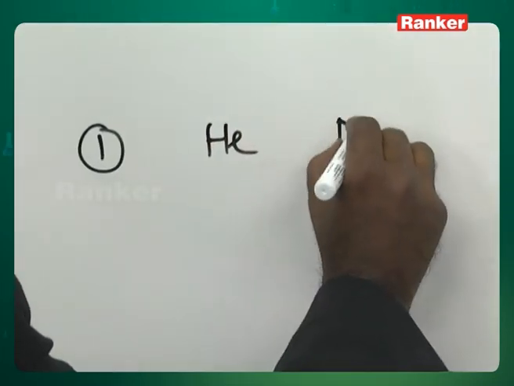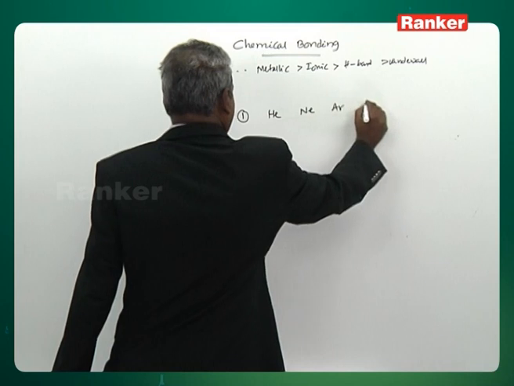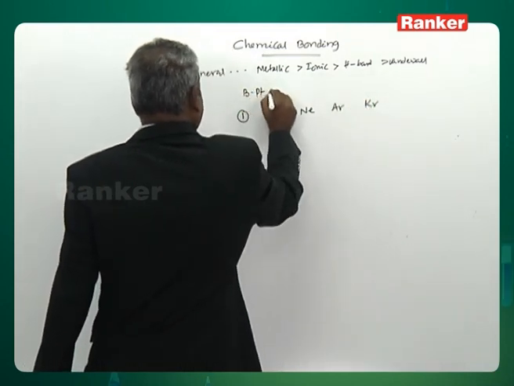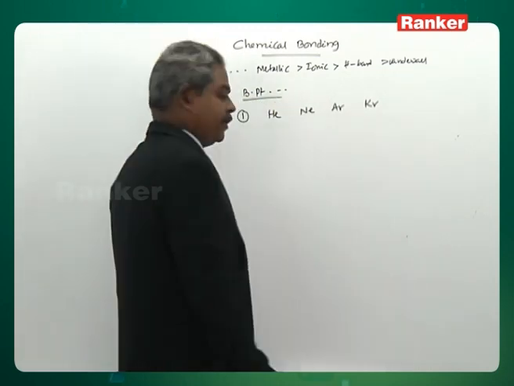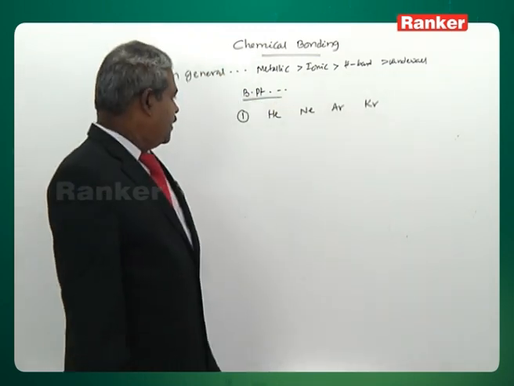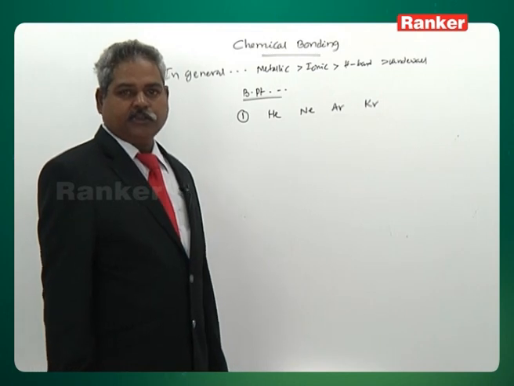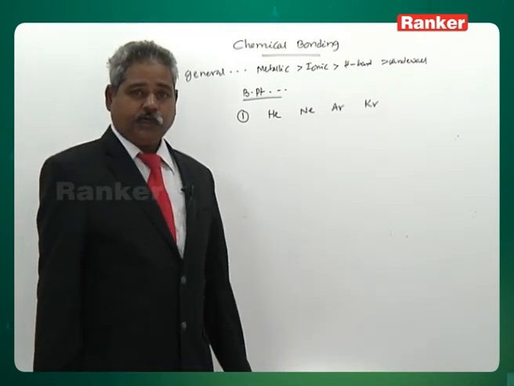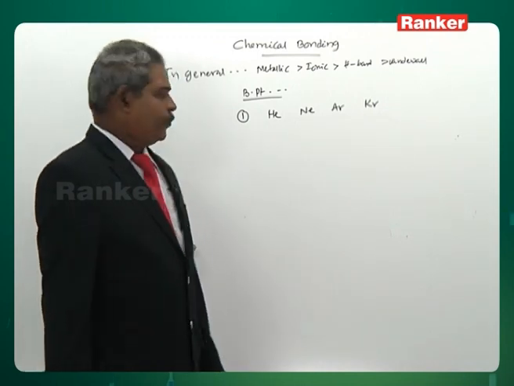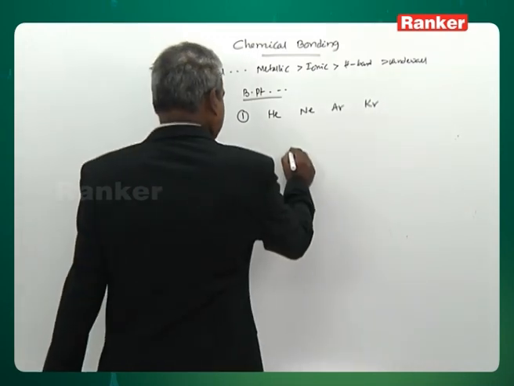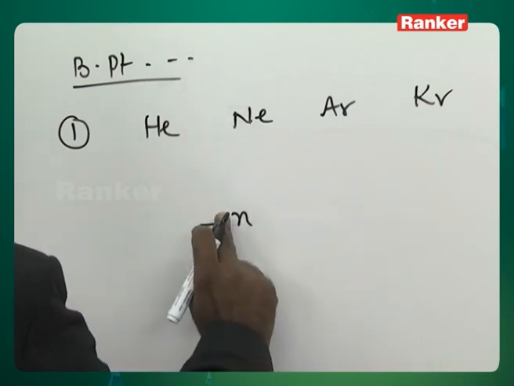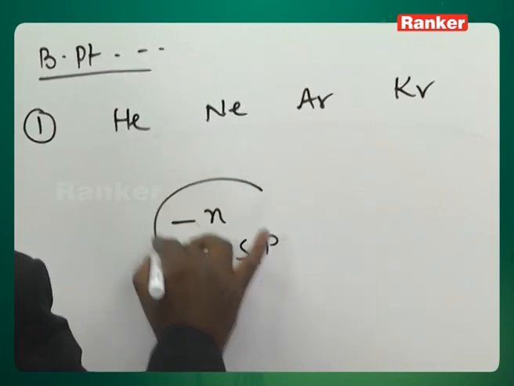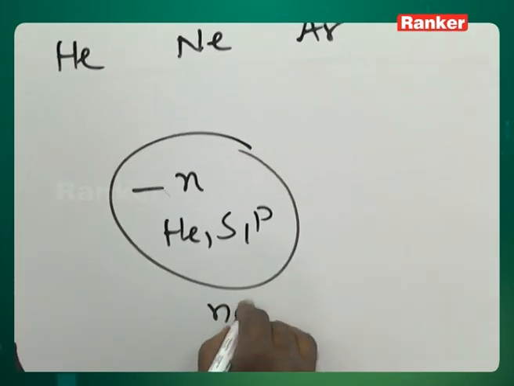Helium, neon, argon, krypton. Boiling points of these. How to compare the boiling points? Helium, neon, argon, krypton. Are they metals? No. How to classify metals? How to find out which are metals? Very simple. All names ending in the sound N, like helium, sulfur, phosphorus, are non-metals.